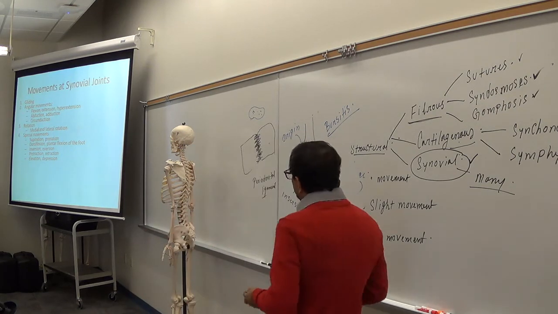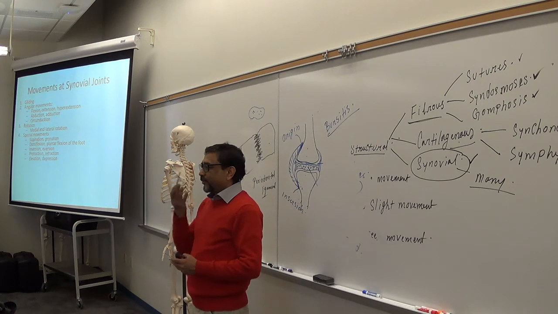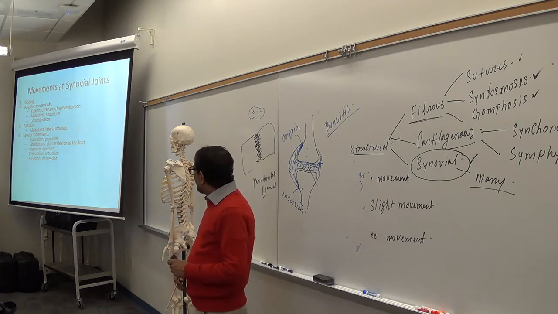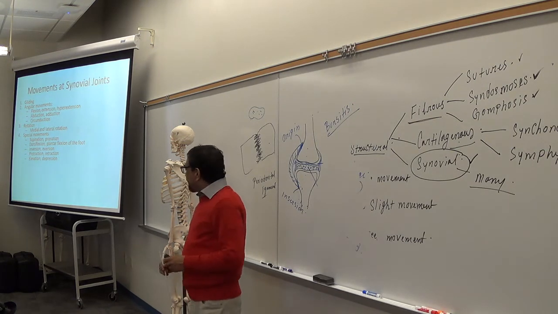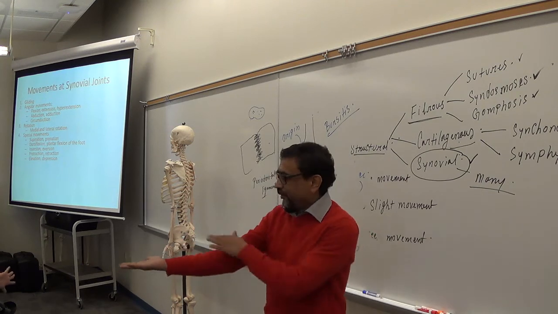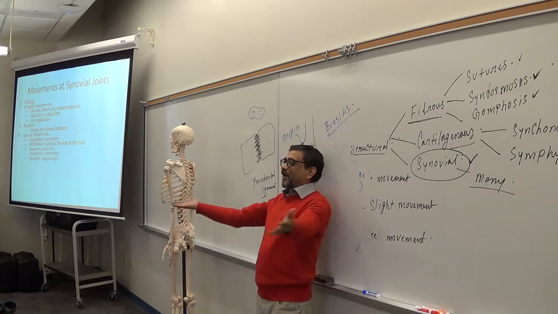Now, lateral and medial rotation. If I move my head this way, that is lateral rotation. This is medial rotation, right? This is lateral rotation. This is medial rotation. Okay. Then supination, pronation. Yeah, supine, you know supine.